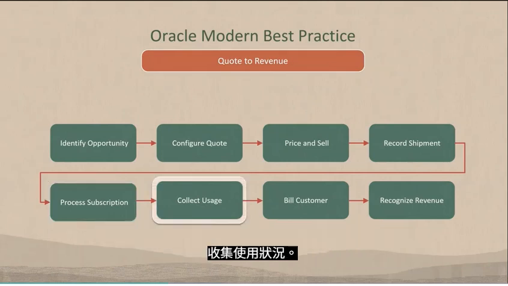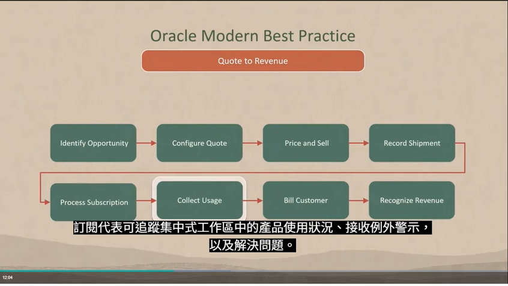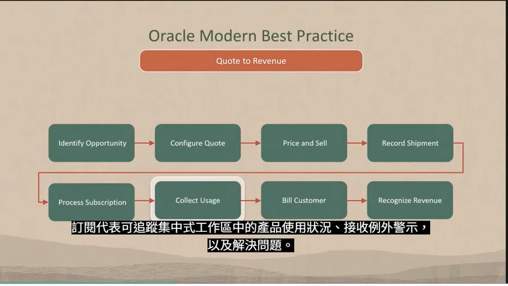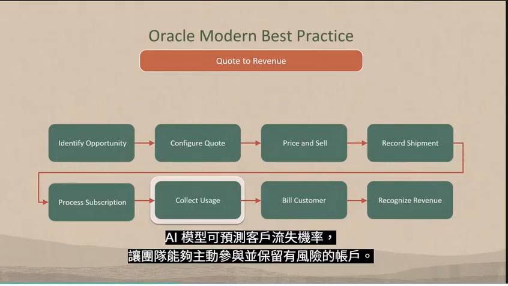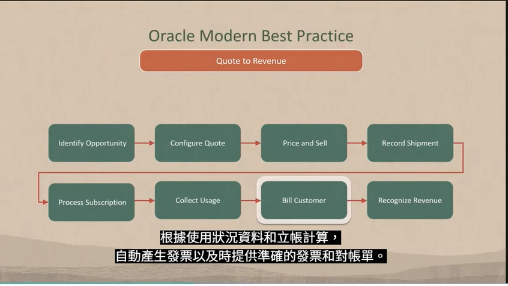Collect usage. Subscription representatives track product usage, receive exception alerts, and address issues within a centralized workspace. AI models predict customer churn probabilities, enabling teams to proactively engage and retain at-risk accounts.